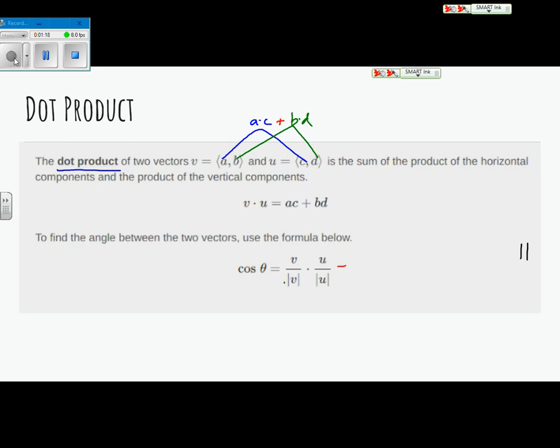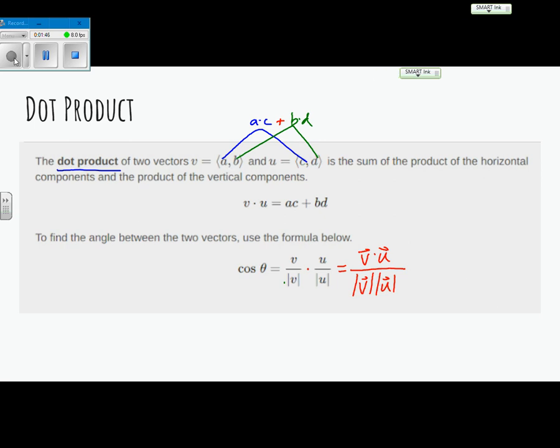I'm going to modify it just a little bit so that cosine theta is equal to v dot u over the magnitude of v times the magnitude of u. So I'm going to rewrite it so that we don't have to worry about multiplying at the end. I'm actually just going to dot the top together and then divide by the scalar that I get on the bottom.